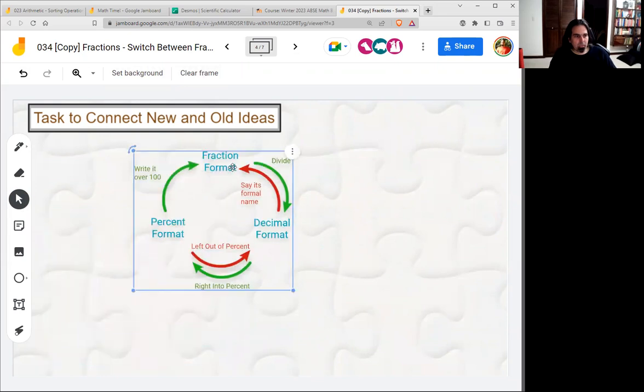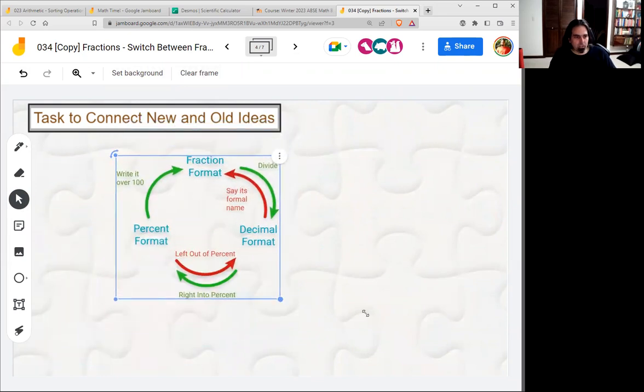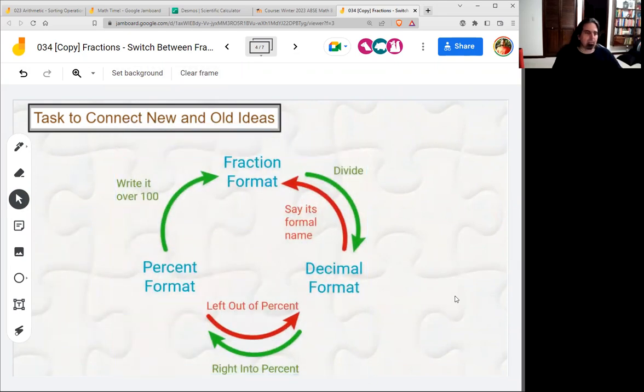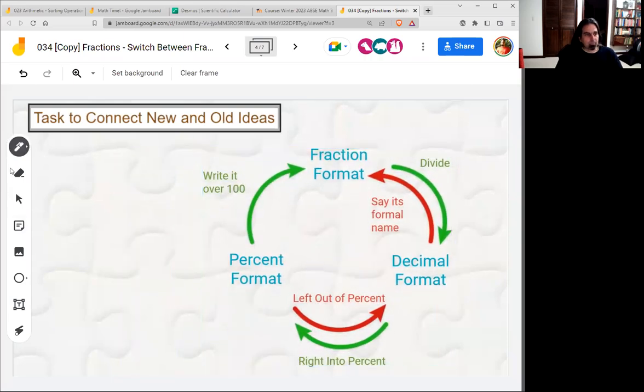Let's do another where we start somewhere other than percent. So somebody just make up any number between 0 and 1, or type it yourself. And let's see where we're getting started.